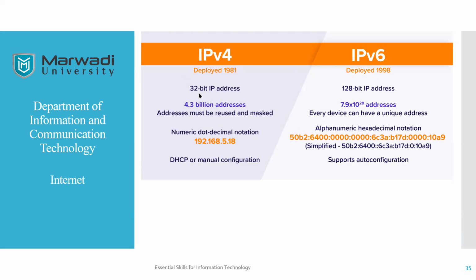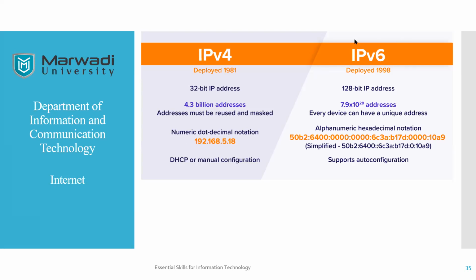Okay, so the next point is IPv4 contains only dot-decimal notation. You can see here 192.168.5.18.